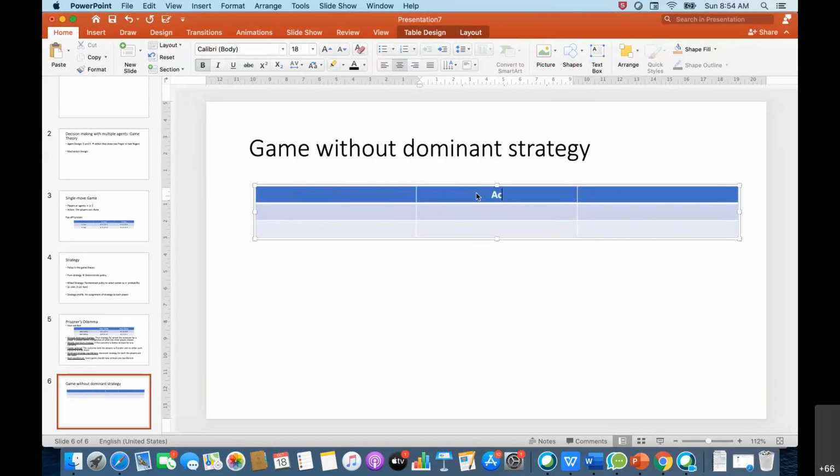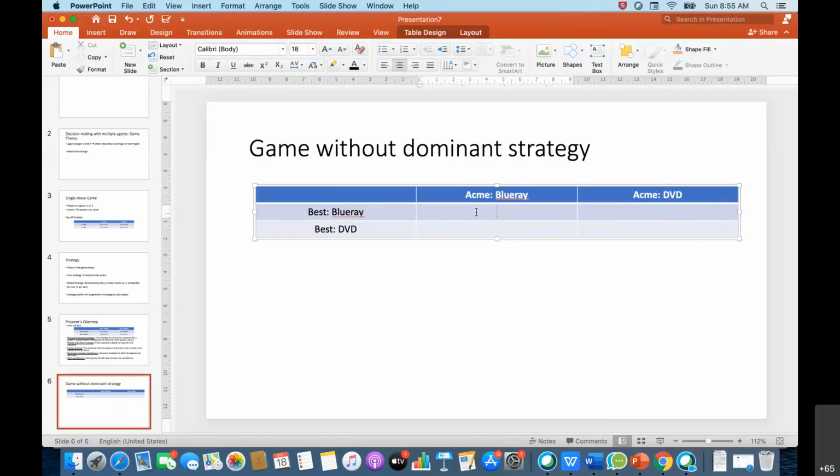There are Acme and Best, and their decision could be Blu-ray or DVD.